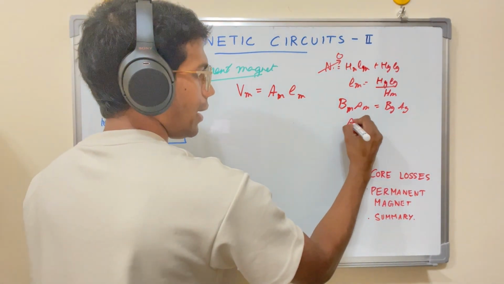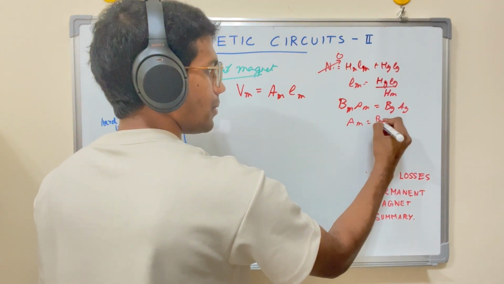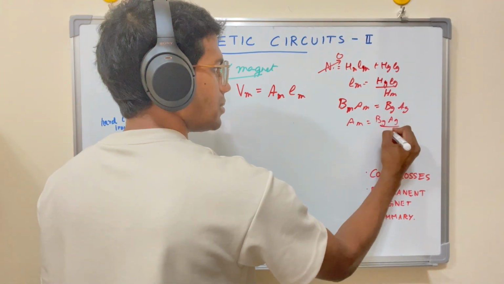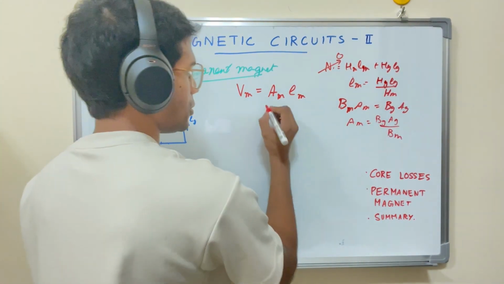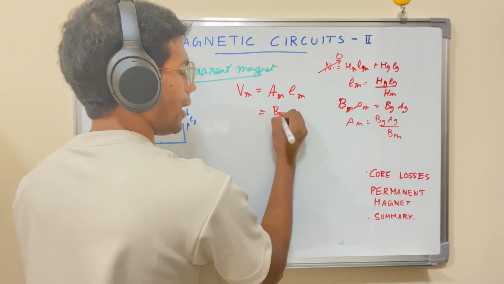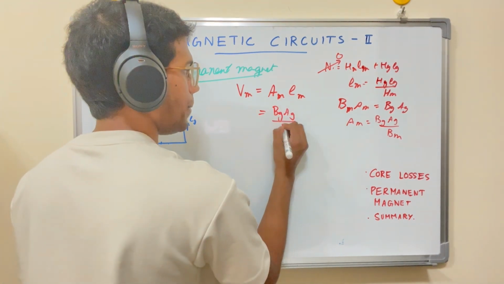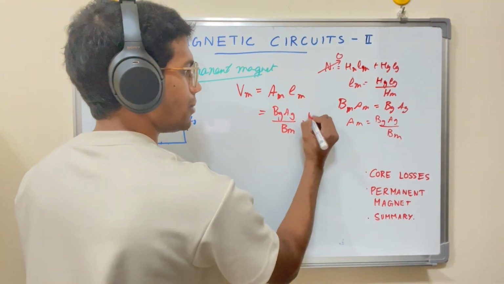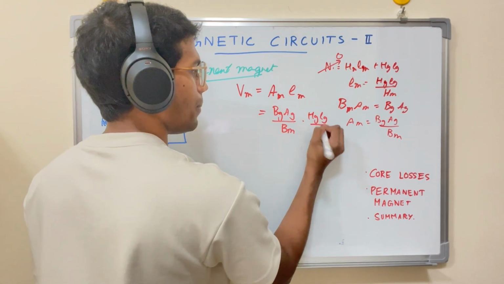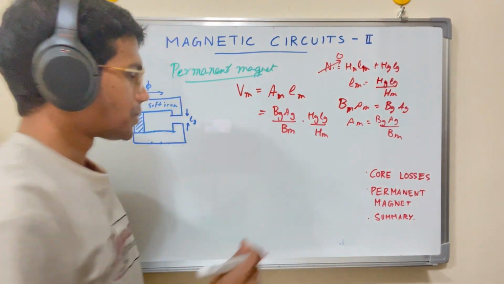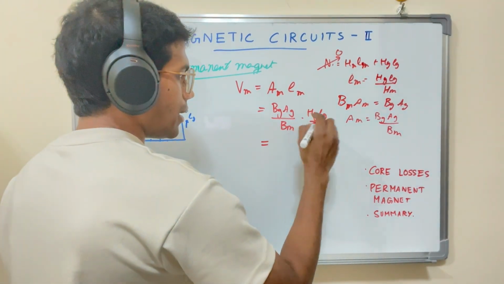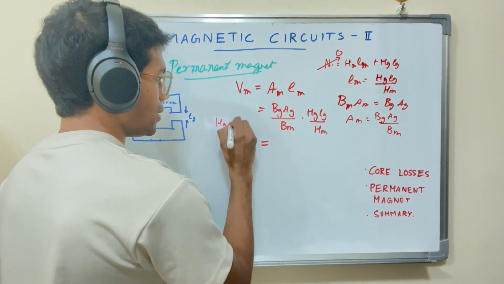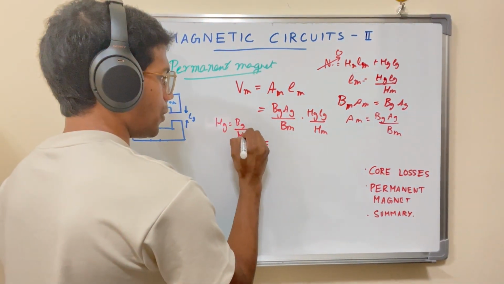Now AM is BG AG times PM. We substitute these equations back. We have BG AG upon BM times HGLG upon HM. Now we know that Hg is equal to Bg upon mu naught.